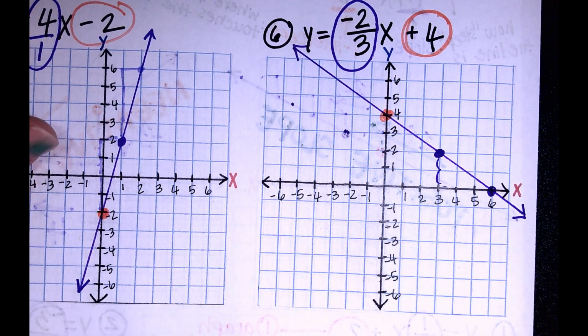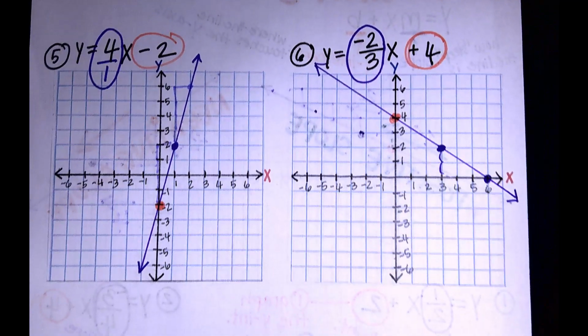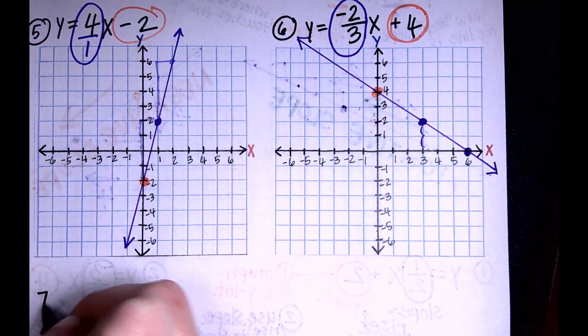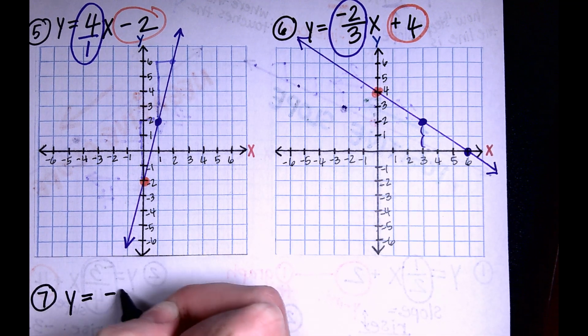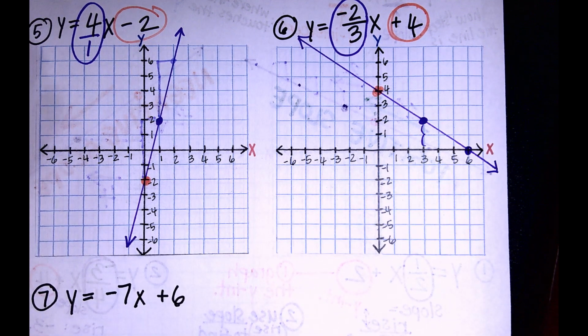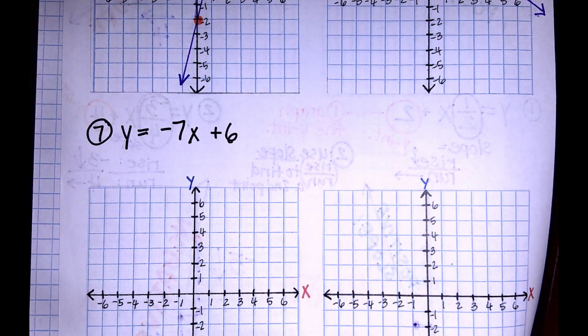Okay. Let's look at number 7 now. I'm going to go ahead and write that one underneath. Number 7 was y equals negative 7x plus 6. This one has a pretty large slope compared to the others.